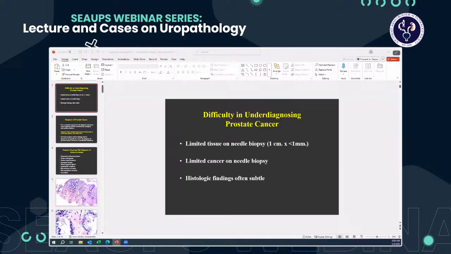With the exception of a few findings that by themselves are specific for cancer, the diagnosis of prostate cancer is typically based on a constellation of features. So what I'll discuss and show in various slides is some of the features that favor the diagnosis of prostate cancer. First, starting with an abnormal architectural pattern.